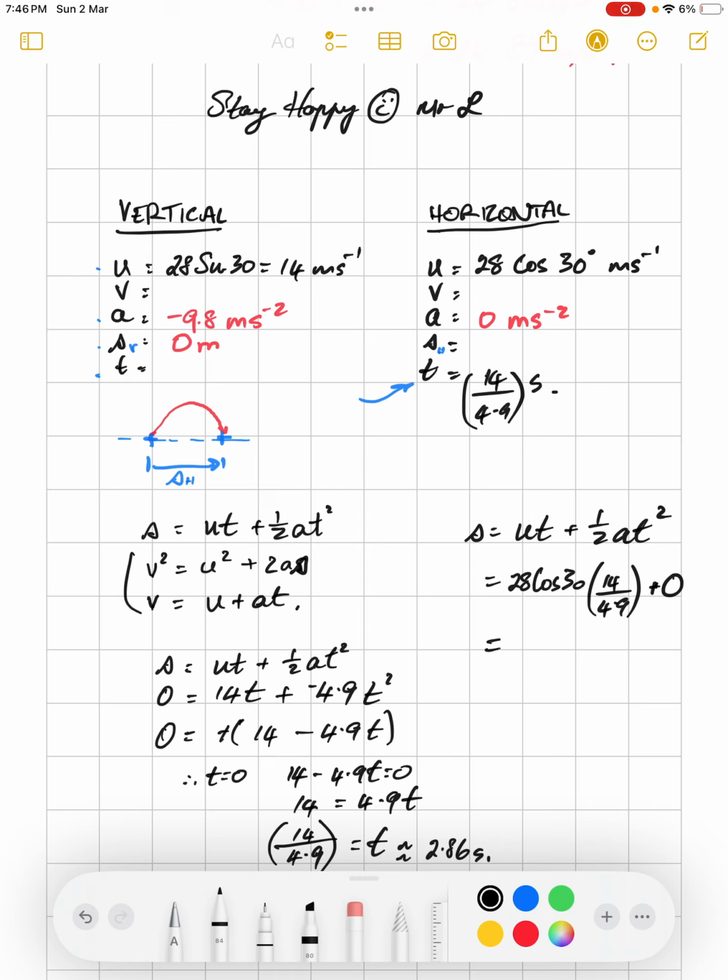So 28 times cos 30, times 14 divided by 4.9. And it will reach 69.282 meters. That's to 3 decimal places, and I'll just put an approximately here.